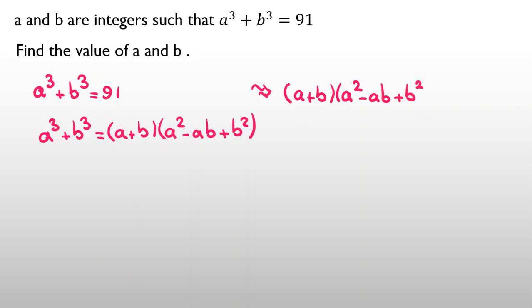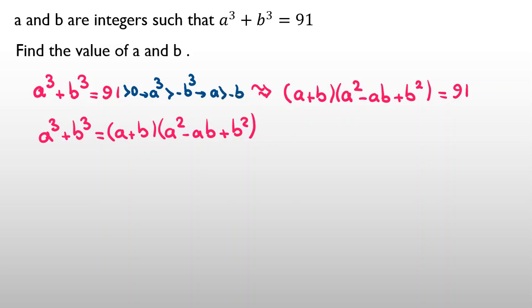equals 91. Now, we know that these are the factors of 91, and we know that a cubed plus b cubed is positive, so a cubed is greater than negative b cubed, so you can say a is greater than negative b.